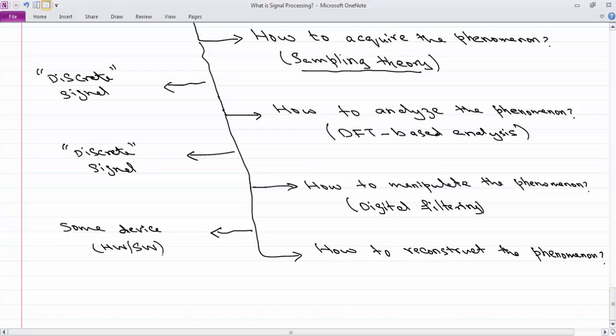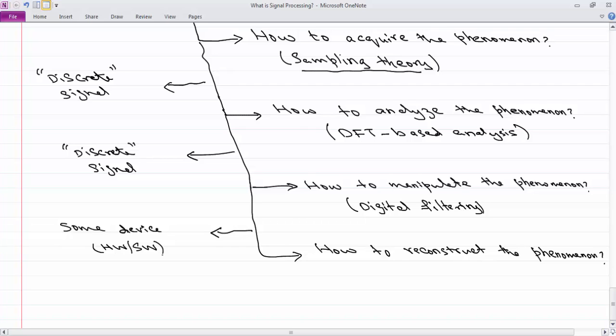So what do I mean by reconstruct the phenomenon? For example, if you are again talking about music recording, music originally is analog. You figure out how to sample it, then you processed it, then you stored it on a CD or some other format. But at the end of the day, for music, you want to listen to it.